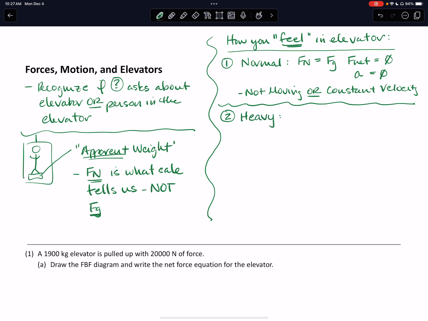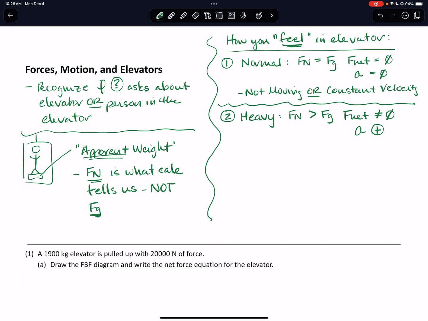Another option is you feel heavy, which means you feel like you're getting pressed into the floor of the elevator a little bit. This occurs when our normal force is greater than our gravitational force, our weight. When this happens, clearly F net cannot be zero because the two are not equal to each other. Generally speaking, this occurs when our acceleration value is positive.